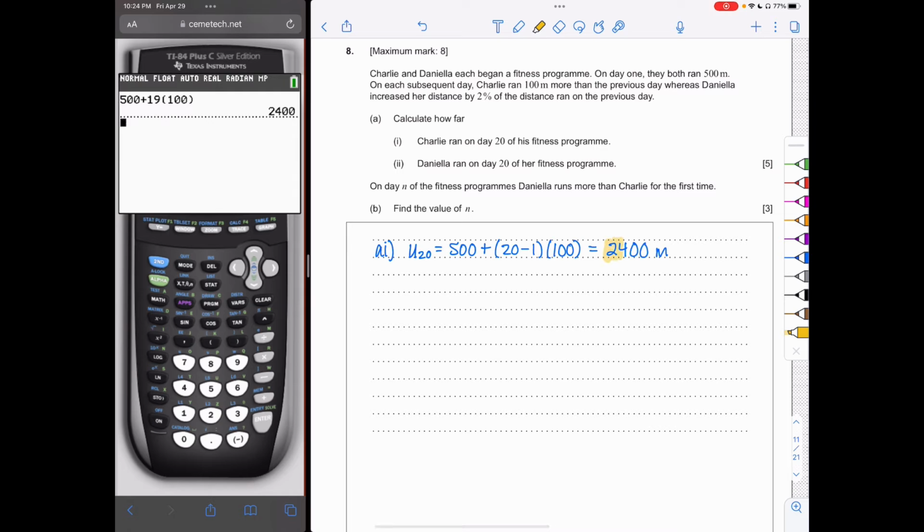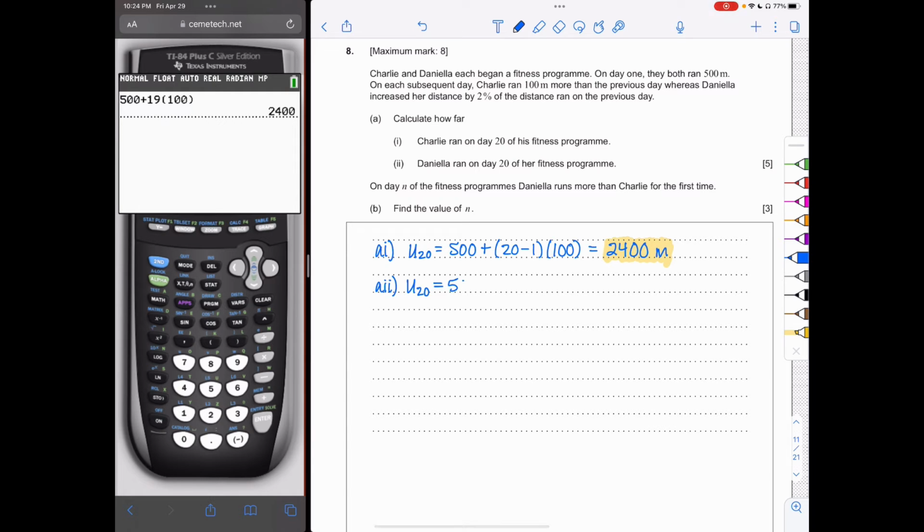All right, so part A2, it's asking how far did Daniela run on her 20th day of the fitness program. So I'm going to have u sub 20. And I know this is geometric because it says she wants to increase by 2%. So not only does she want 100%, but she wants an additional 2%. So that is going to be 1.02.